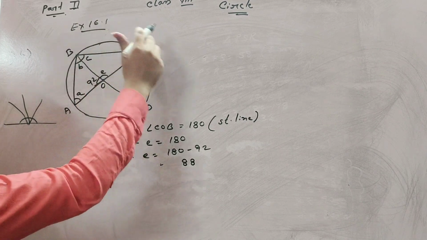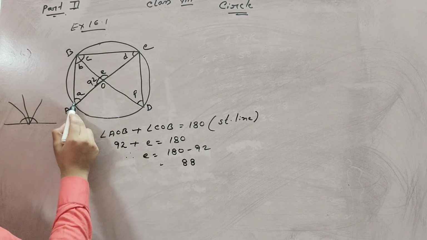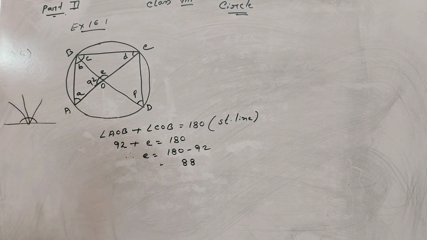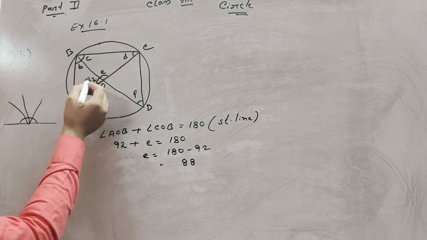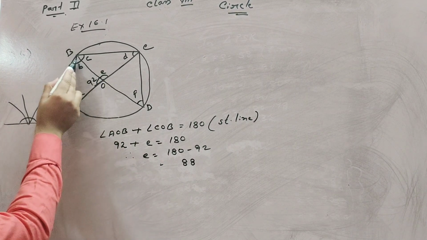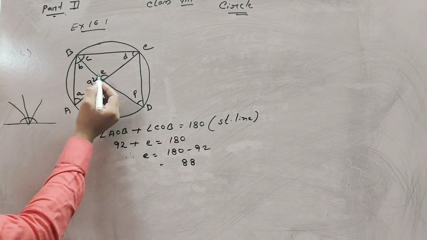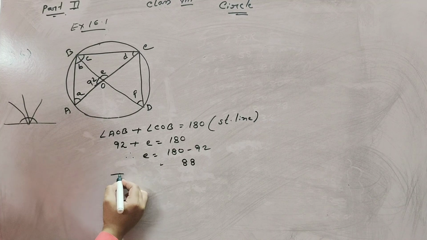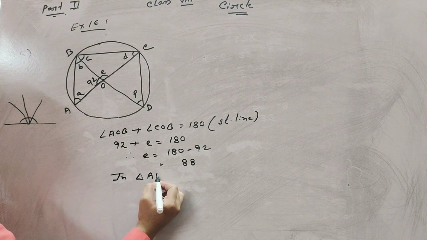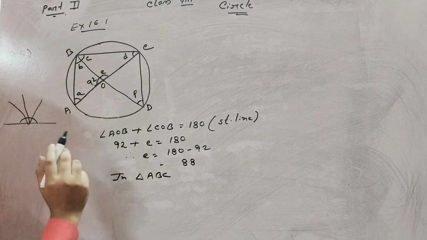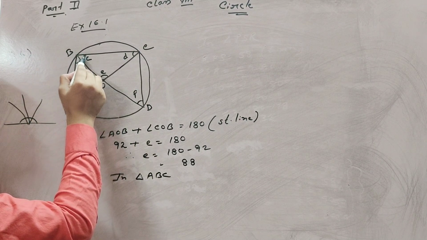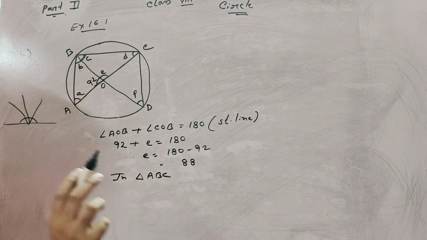Okay, in the whole angle, that means in triangle ABC, you need to find out this portion first of all. If you find this angle, because we know that this line is drawn from the center. In triangle ABC, AC passes through the center and B touches the circumference, and here there are two angles, B or C. Clear?